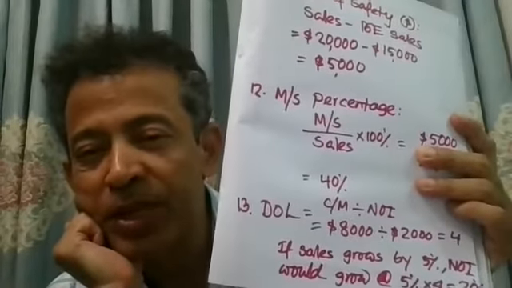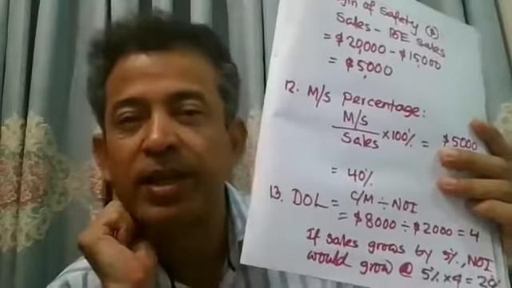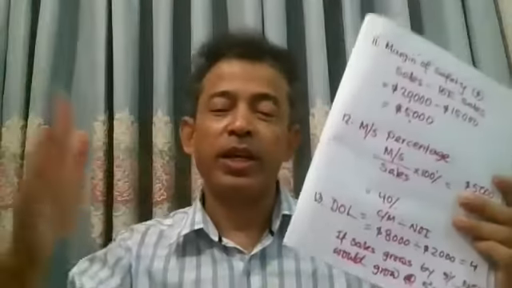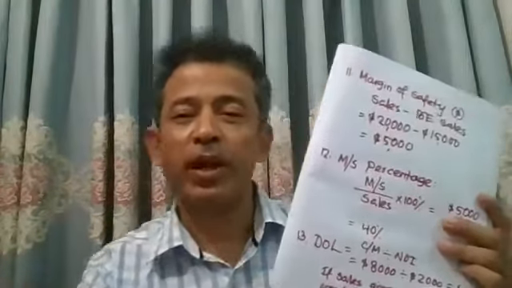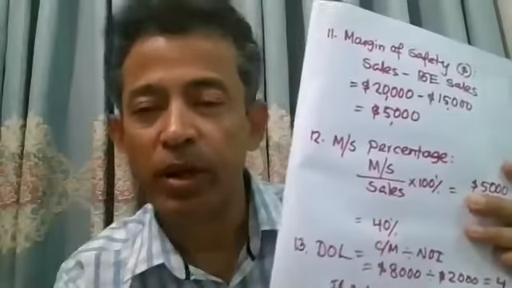Remember, it is by what percent our operating income changes for every 1% change in sales. That is the degree of operating leverage. We could do it in a detailed way by having different scenarios. One way is to take the current contribution format income statement and do a new one with 1% extra sales or 10% extra sales.